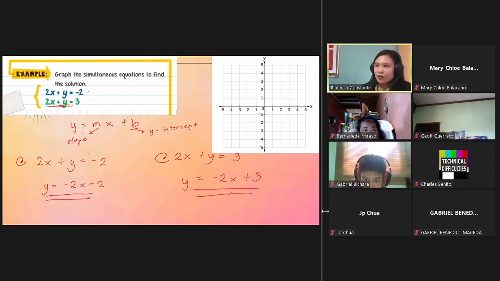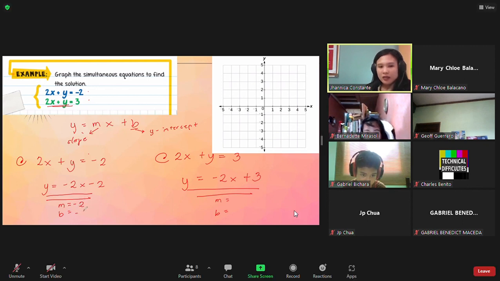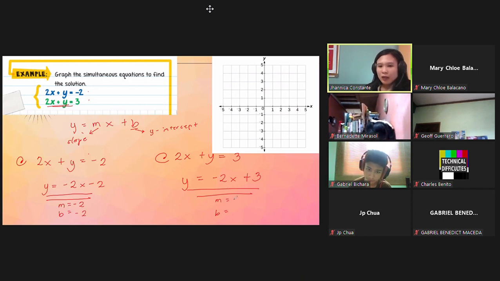Now that we have written them in slope-intercept form, we can identify the slope and the y-intercept to determine how many solutions we can have. For the first equation, the slope is negative 2 and the y-intercept is negative 2. For the second equation, our slope is negative 2 and our y-intercept is positive 3.